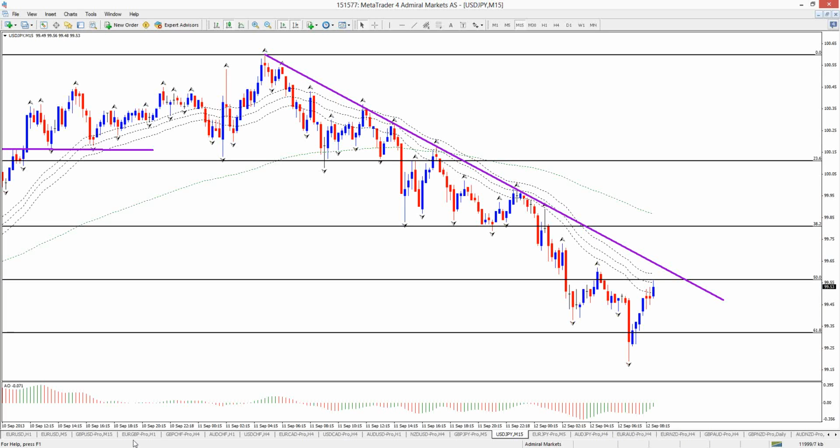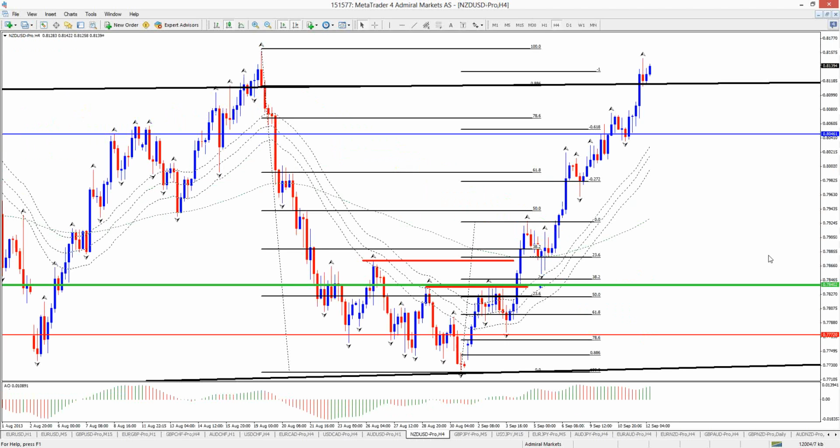Darshan is talking about the Kiwi. Let's take a look. Darshan is saying that he has a feeling that the Kiwi does not want to drop. And to be honest, I have the same feeling. That's why I'm really not reacting to this 4-hour candle, although I think it's a good rejection wick off a resistance.